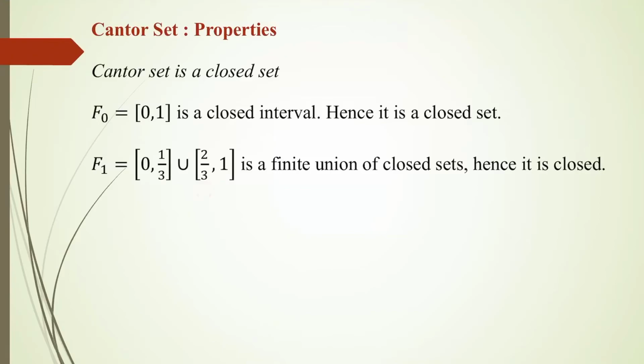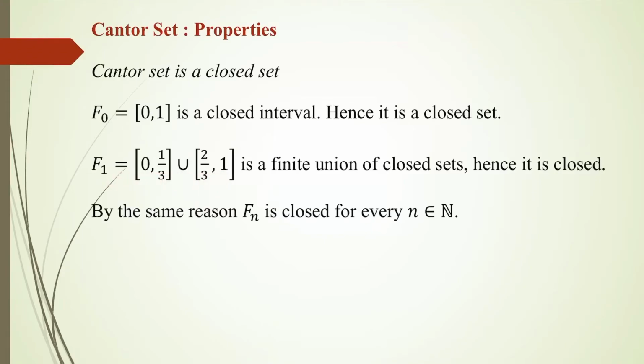You take any union of finitely many closed sets, it will be again a closed set. So here we have a union of two closed sets, therefore F1 is closed. Similarly, F2 is the union of four closed intervals.